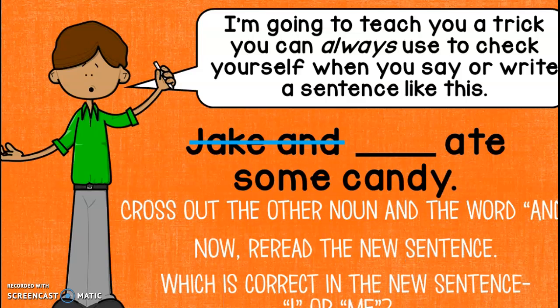And you would say I, okay? And so if you eliminate that other noun with the "and" word, and then decide which pronoun to use, that will also help you identify if you're supposed to use I or me, okay?